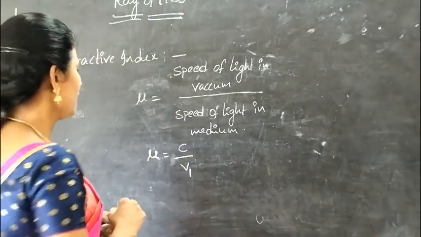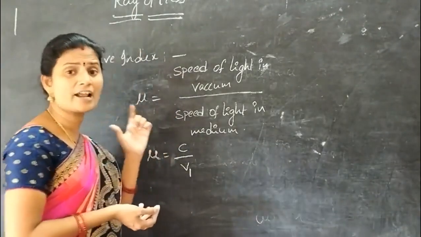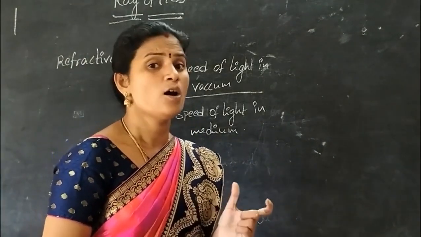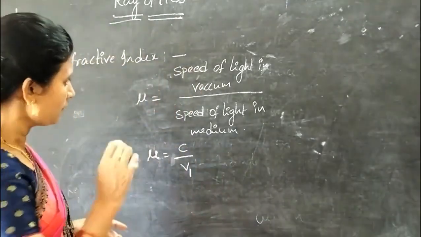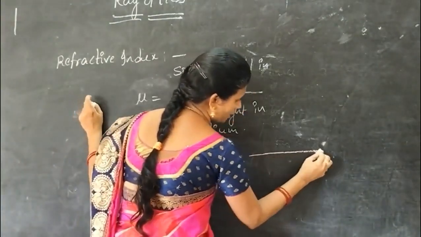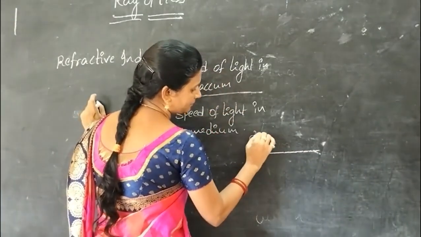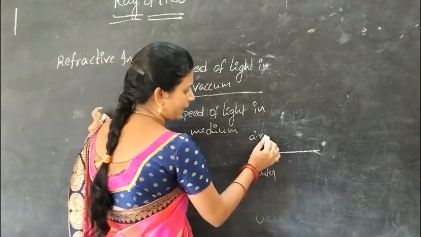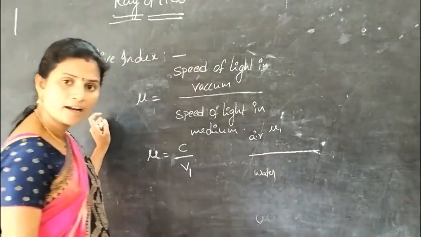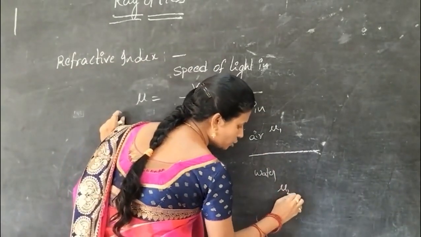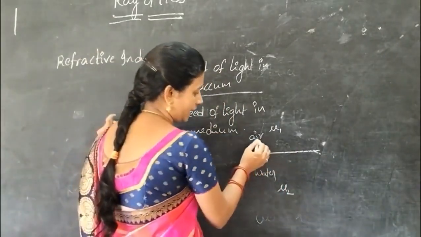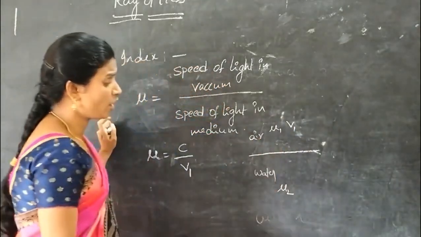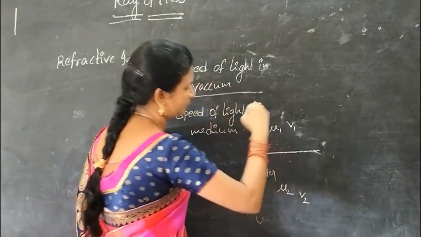Suppose this is the separation between the media, with air on one side and water on the other. The refractive index of air is mu1 and that of water is mu2, and the speed of light in air is v1 and in water is v2.